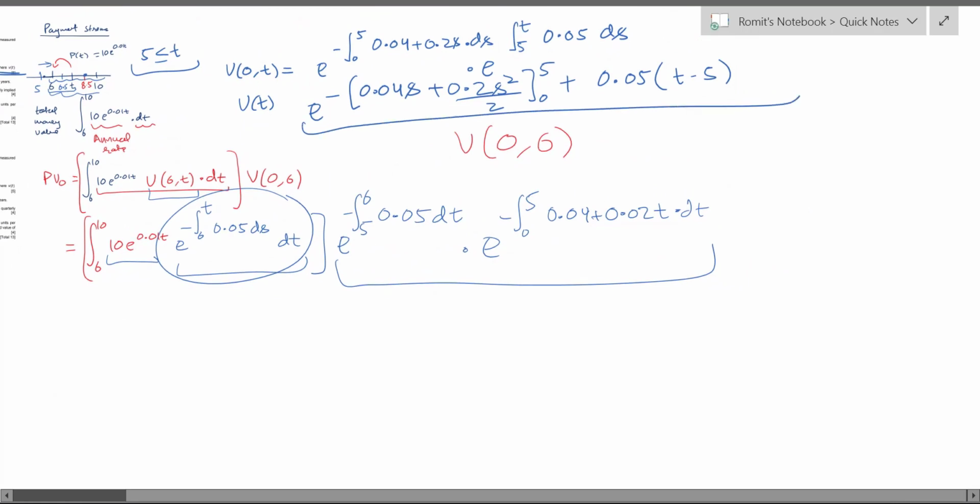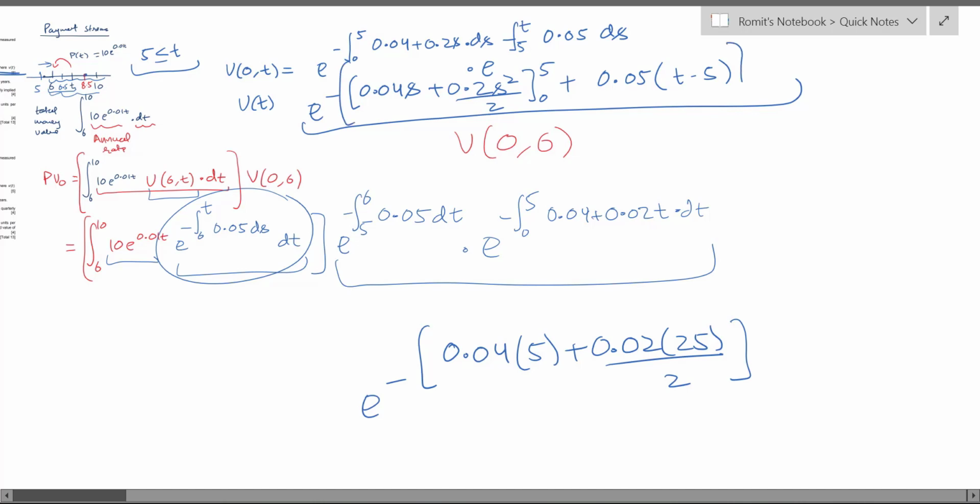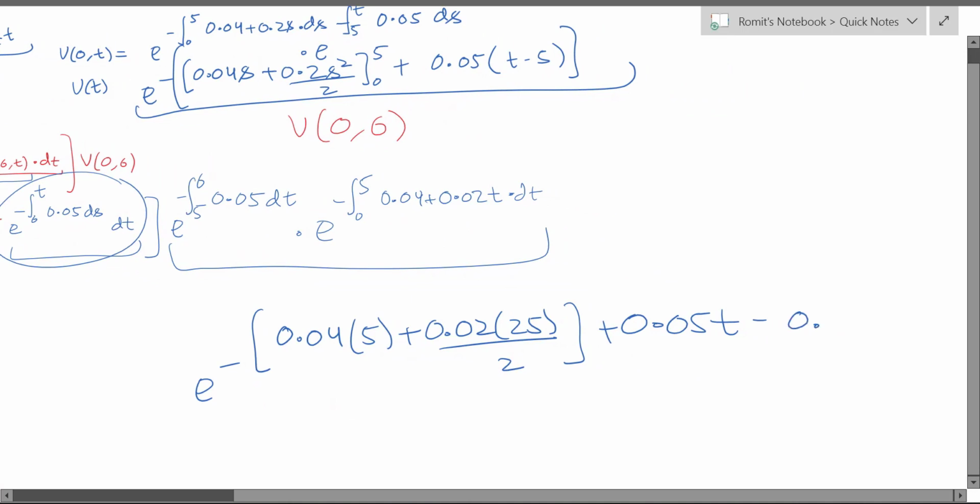And if you solve this whole thing, it will just give you e to the power of negative 0.04 times 5 plus 0.02 times 25 by 2, and obviously this is also negative, so this whole thing is inside the bracket, plus 0.05 t minus 0.25.